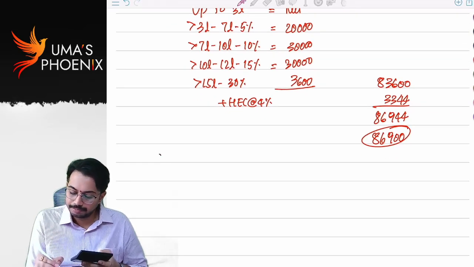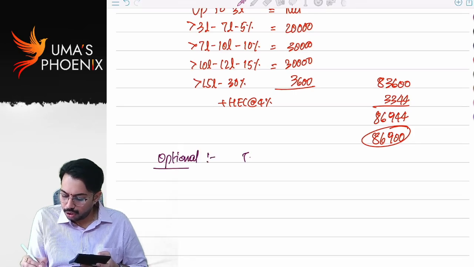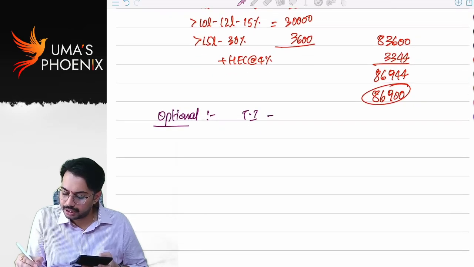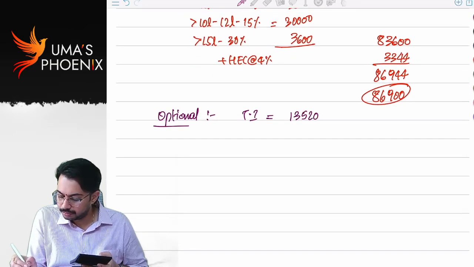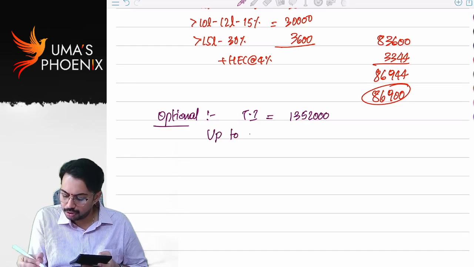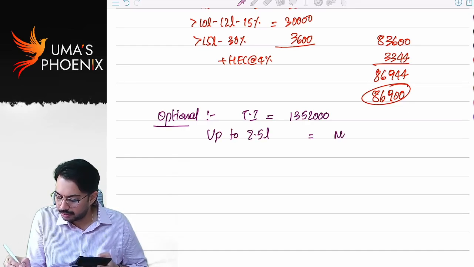Next, optional. Total income is 13,52,000. Up to 2.5 lakh tax amount is nil.